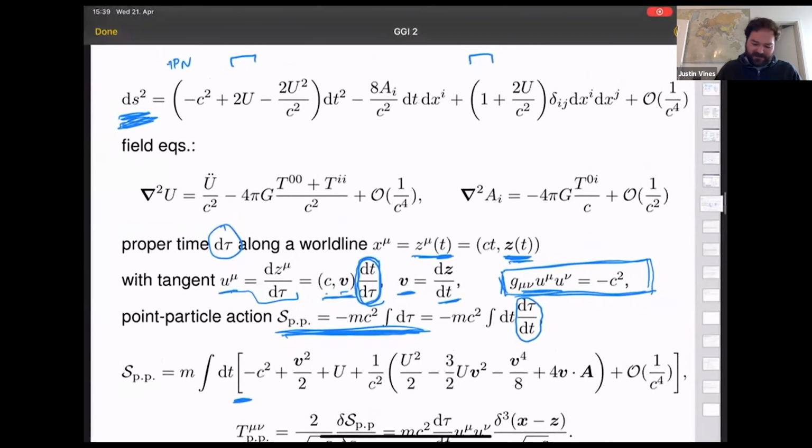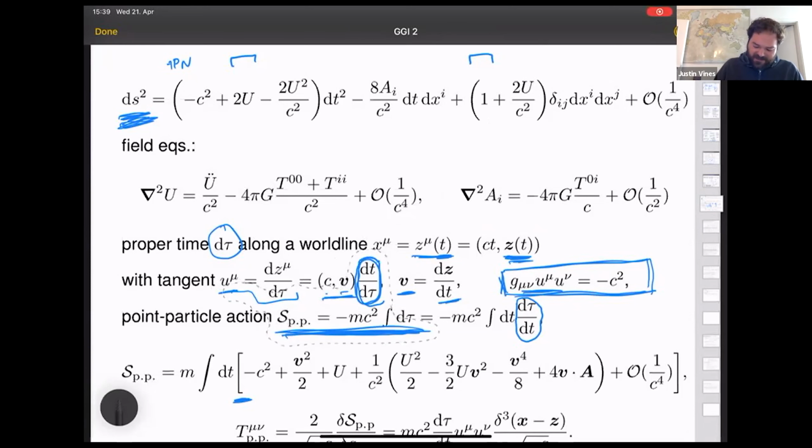Okay, and we see, so let me switch tools here. This term here, this pre-Newtonian term, you might call it, yields an irrelevant rest mass contribution. This term here yields this term, which is the Newtonian potential. This term here yields the v squared term.